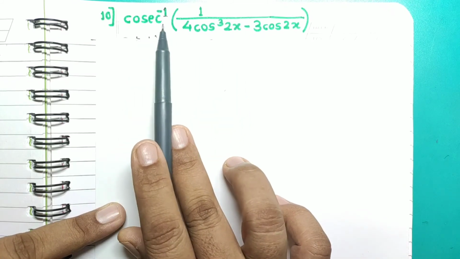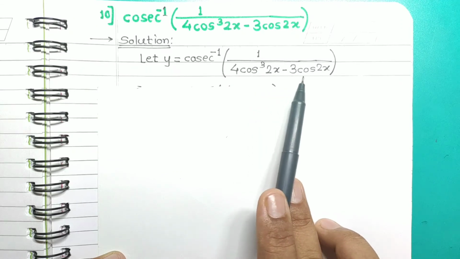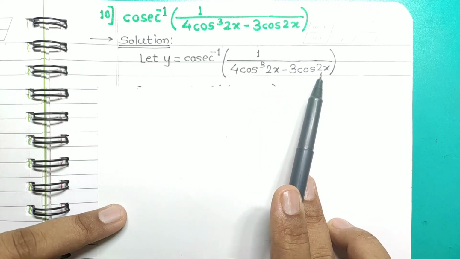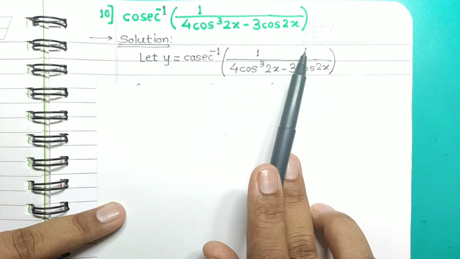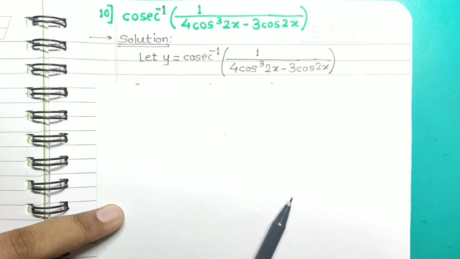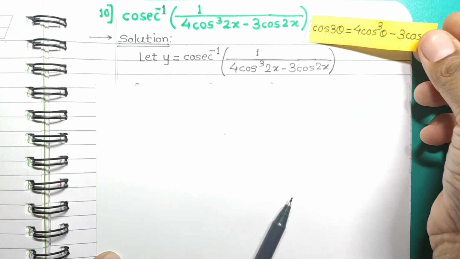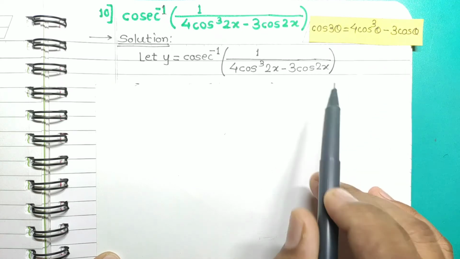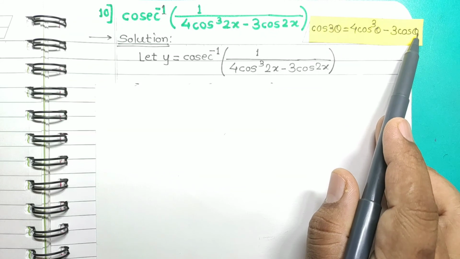Okay, see here the function is cosec inverse of 1 upon 4 cos cube 2x minus 3 cos 2x. So here you observe this and try to recall some results from trigonometry. If you are very perfect about trigonometry, then you can recall this result: cos 3 theta is equal to 4 cos cube theta minus 3 cos theta.